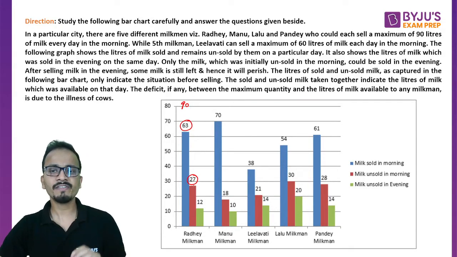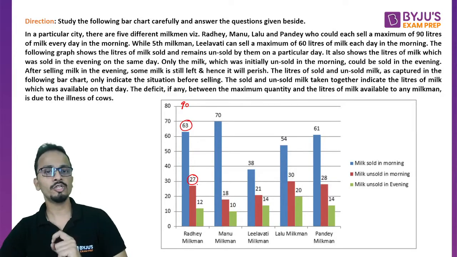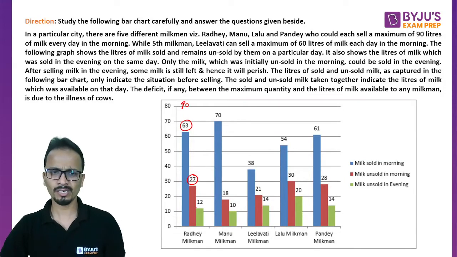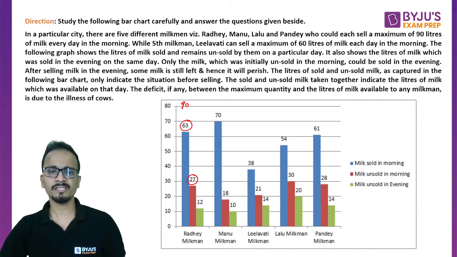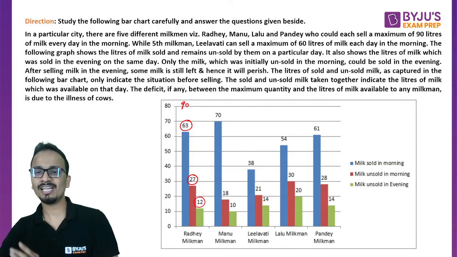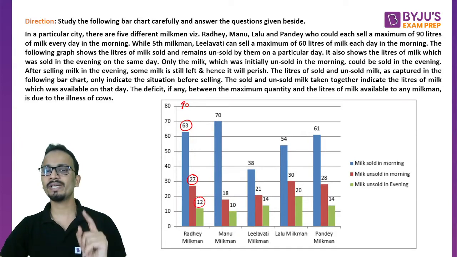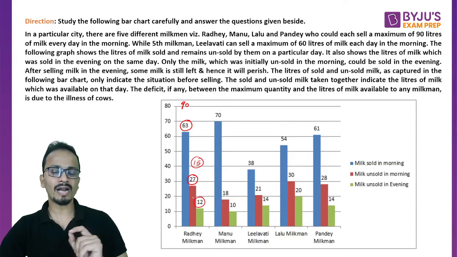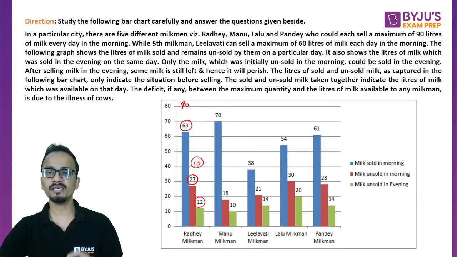Now 27 liters of milk was unsold in the morning, which will be available to sell in the evening. अब evening में इसने कुछ milk sell किया होगा. Out of this 27 liters, he's left with 12 liters of unsold milk in the evening. So 27 was available in the evening, 12 is unsold. So that means 27 minus 12, 15 liters of milk Radhe has sold in the evening.